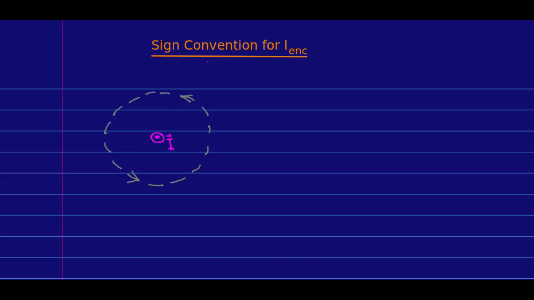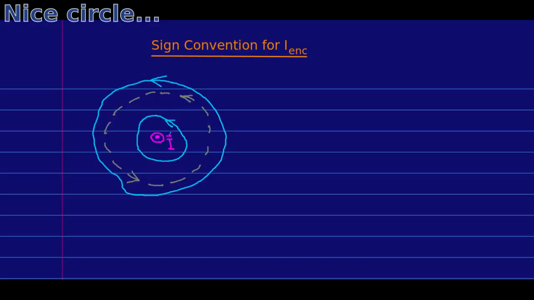There's an important sign convention for the encircled current by a path. Let's think about this current that's coming out of the page. You know from the right-hand rule that the B field due to this current will be circles which go around counterclockwise in this perspective. And this path that I've drawn is also going around counterclockwise.